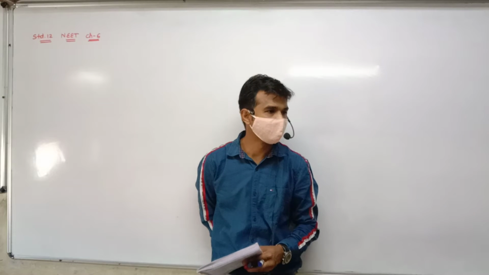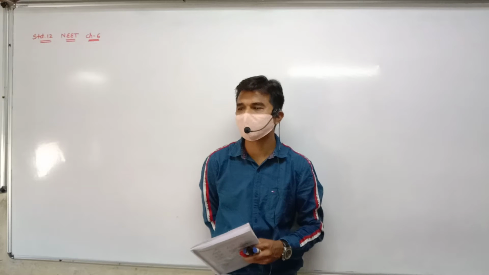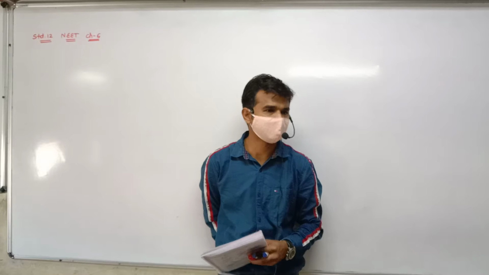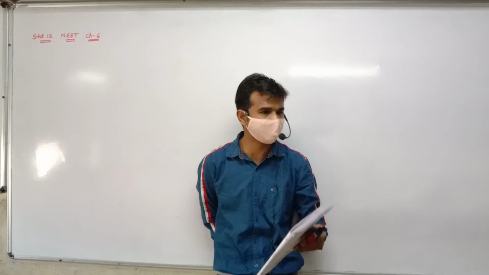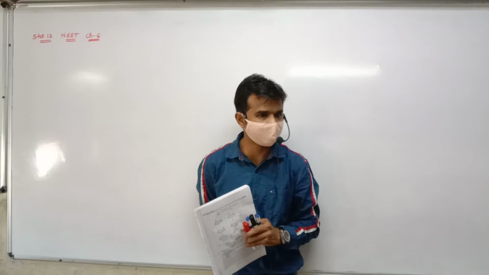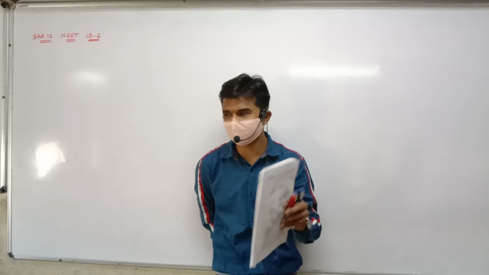So first of all, the bacteriophage becomes radioactive by P32 and S35 separately, and then the bacteriophage infects the E. coli bacteria.